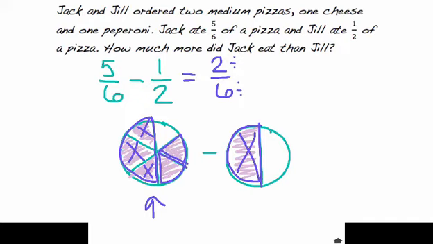In this case, the largest number that I can divide each of these by is 2. And remember, whatever we do to the top number, we have to do the same exact thing to the bottom number as well. 2 divided by 2 will give us 1. 6 divided by 2 is going to give us 3. So in total, Jack ate 1/3 more of the pizza than Jill ate.